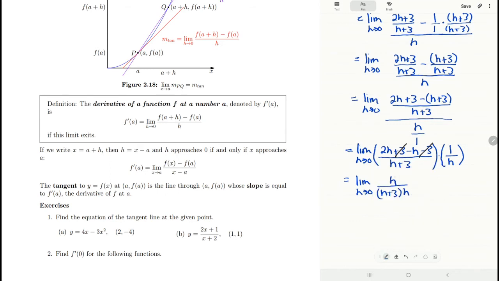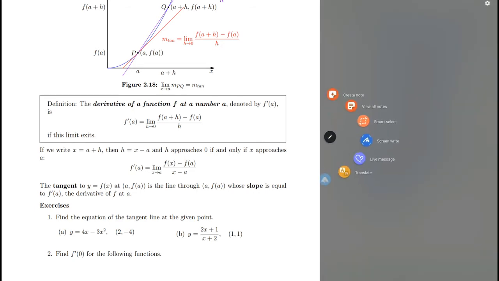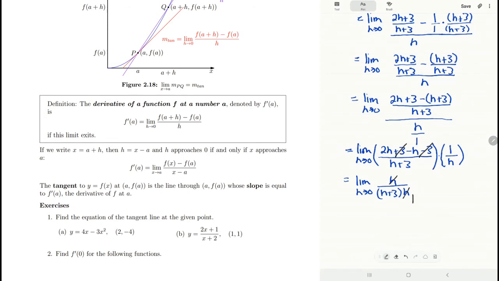We can now simplify the h's. So now we have the limit as h goes to 0 of 1 over (h + 3). And now we can take the limit. So if we let h go to 0, we get 1 over 0 + 3, which is 1 over 3.